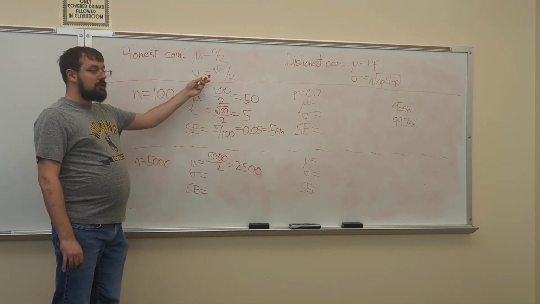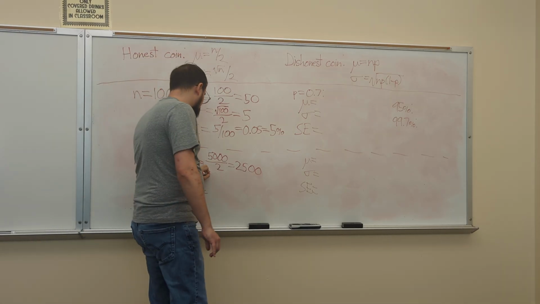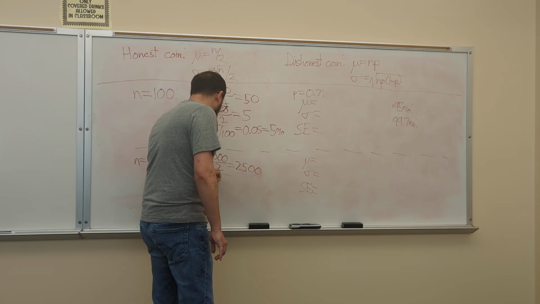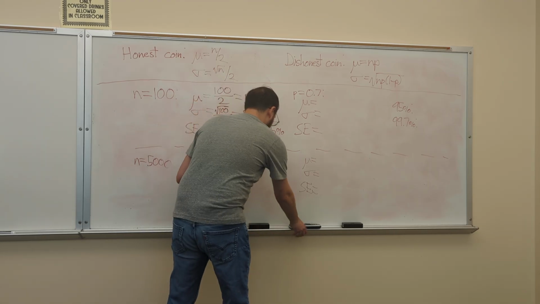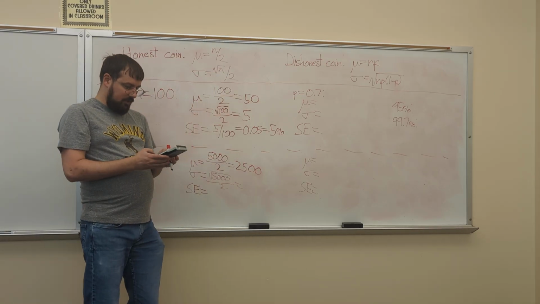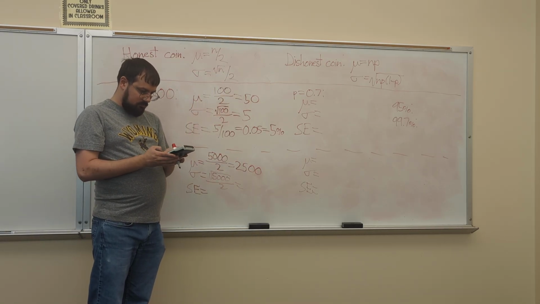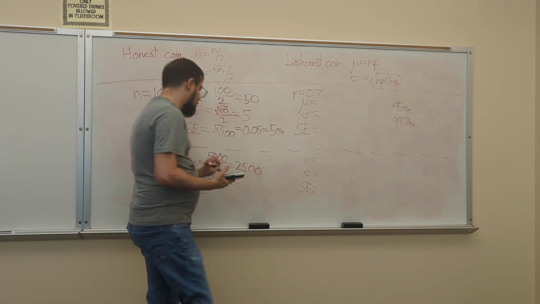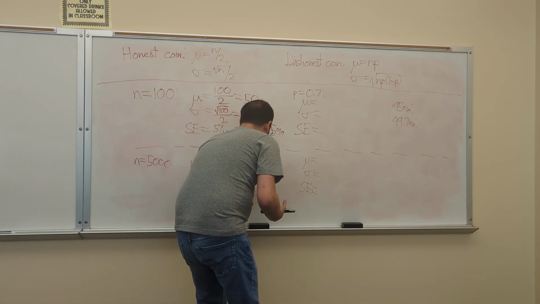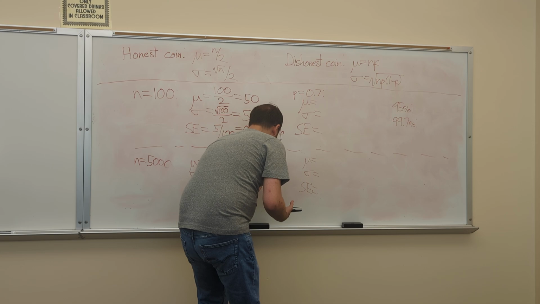Sigma, square root of n over 2, so square root of 5,000 over 2, which gives us 35.355.